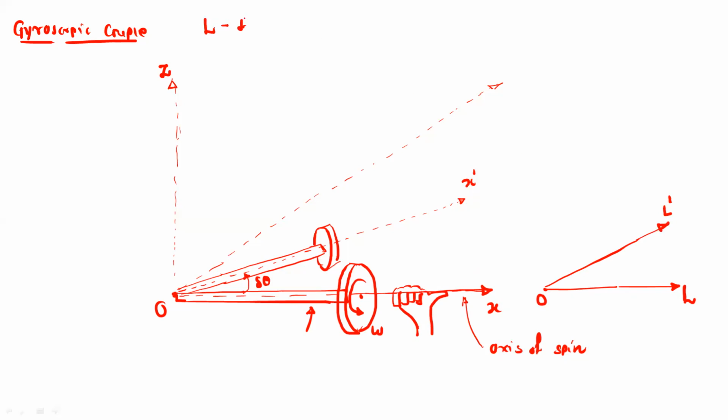L is the initial angular momentum, and L dash is the new angular momentum. The angle between L dash and L is very small, so it is delta theta.